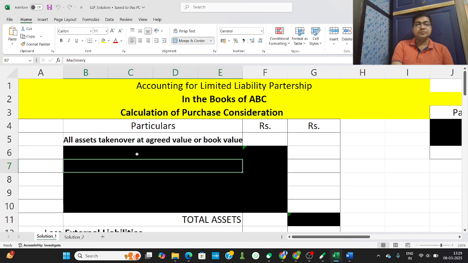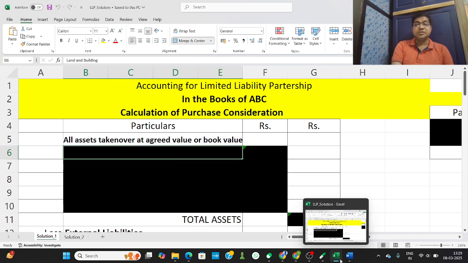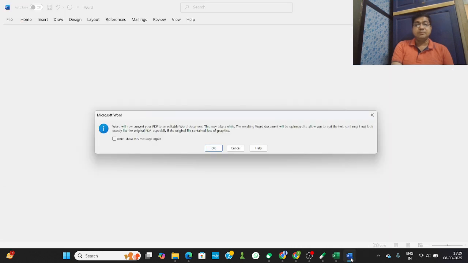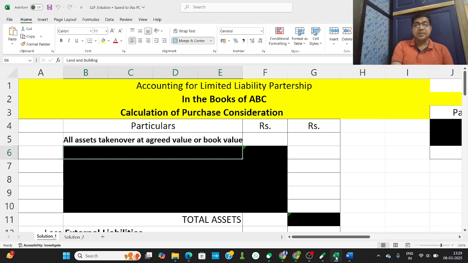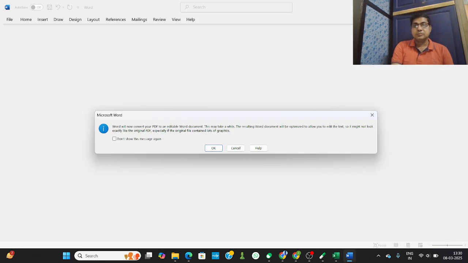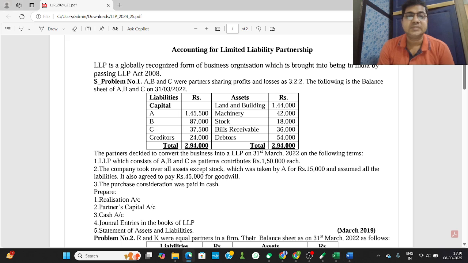If you see, there are a number of assets mentioned in our problem. These assets are land and building, machinery, stock, bills receivable, and debtors.